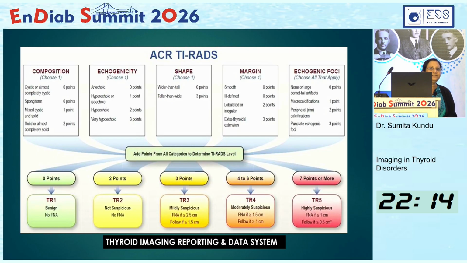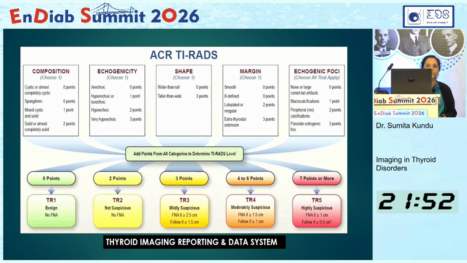If it is a totally cystic lesion on ultrasound, that is, totally anechoic, then it is given 0 points. Similarly, as the composition of the nodule changes, the points increase, with a solid or nearly solid lesion being 2 points. Similarly, for echogenicity, whether it is anechoic, hyperechoic or hypoechoic, the points will increase or decrease.